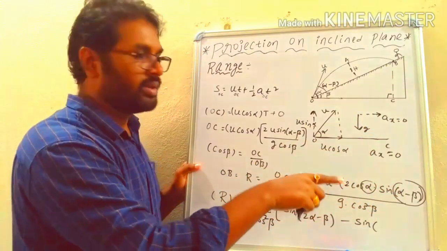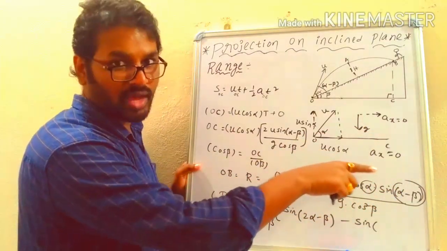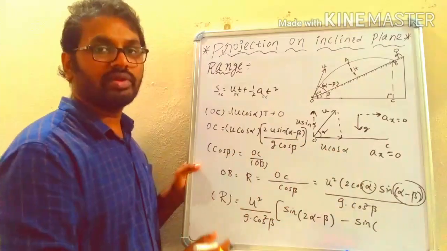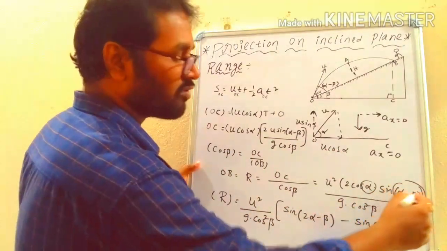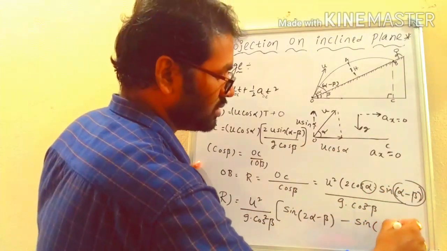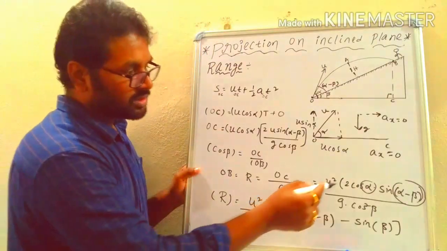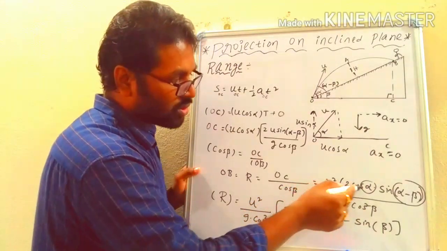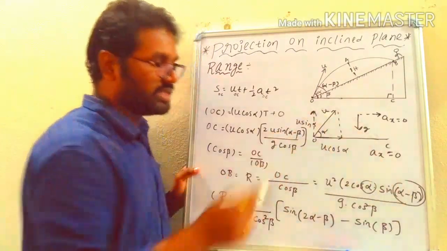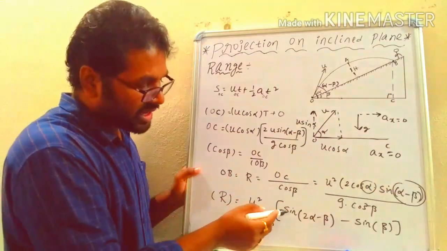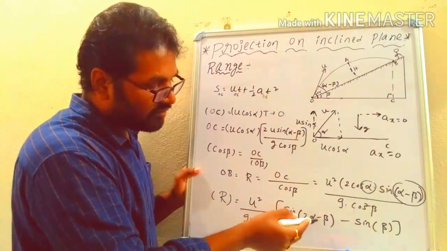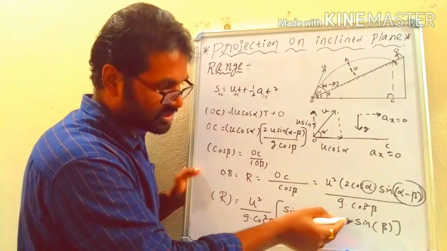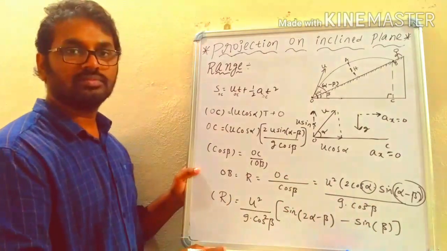So A minus B means alpha minus of alpha minus beta. Alpha will get cancelled. You'll get minus of minus beta, which is beta. So instead of taking 2 cos alpha sin alpha minus beta, I rearranged it as sin of 2 alpha minus beta minus sin beta.